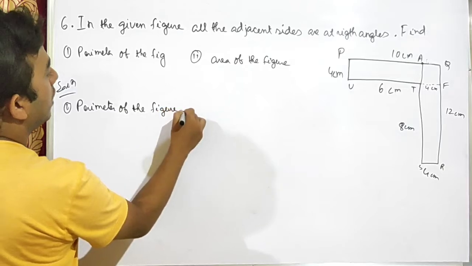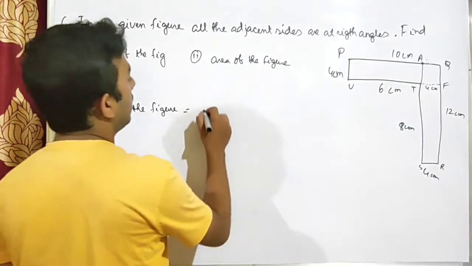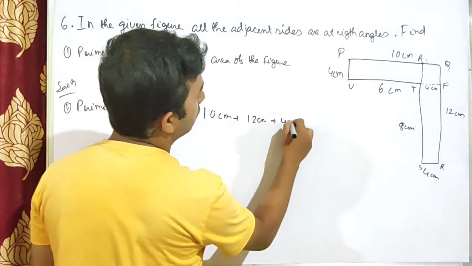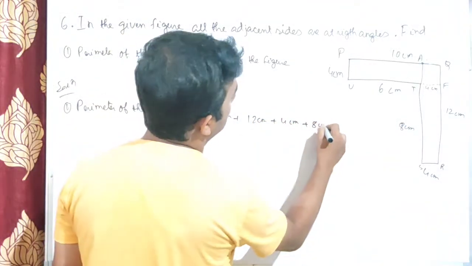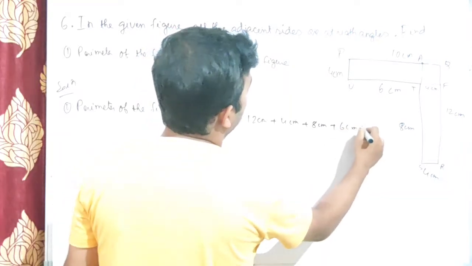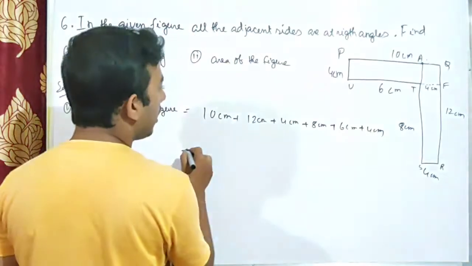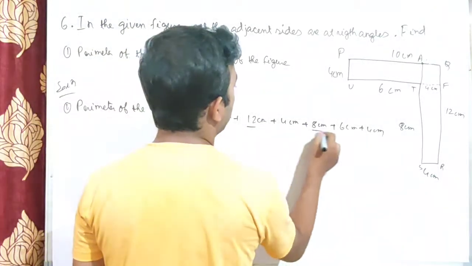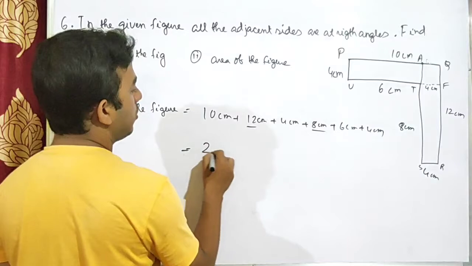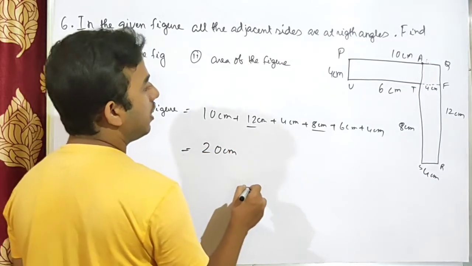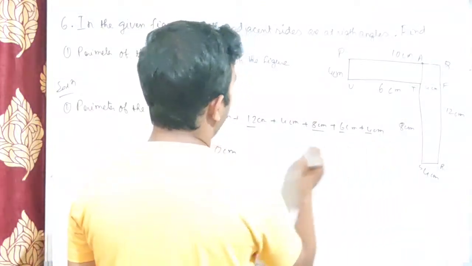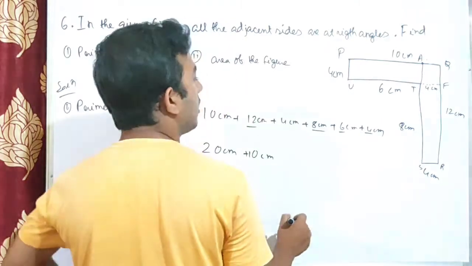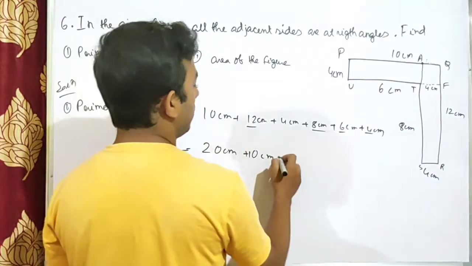Perimeter of the figure equals 10 centimeter plus 12 centimeter plus 4 centimeter plus 8 centimeter plus 6 centimeter plus 4 centimeter. Now here we will use the distributive method. 12 plus 8 is 20 centimeter. Then 6 plus 4 is 10 centimeter.